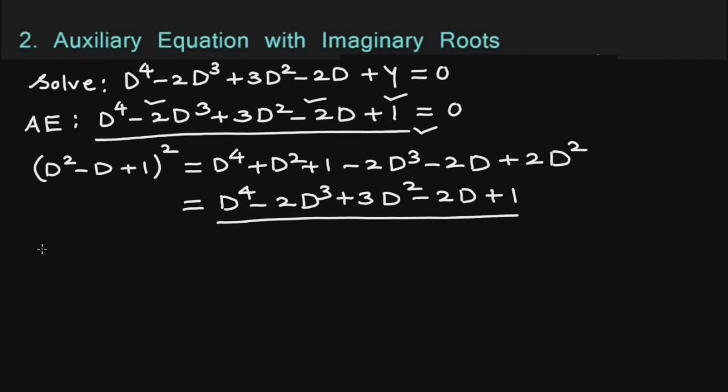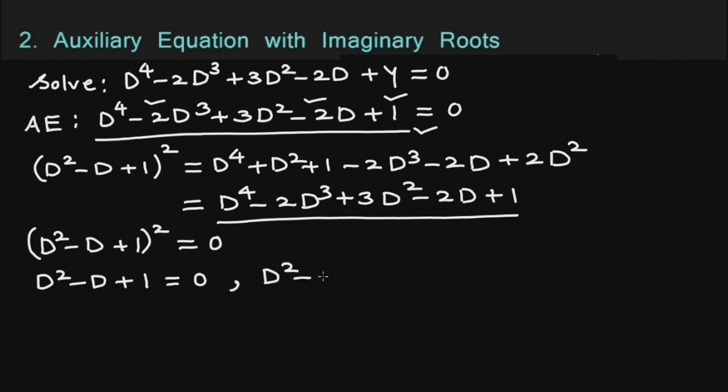Hence, we write D square minus D plus 1 whole square equals 0, that is, D square minus D plus 1 equals 0, and D square minus D plus 1 equals 0.